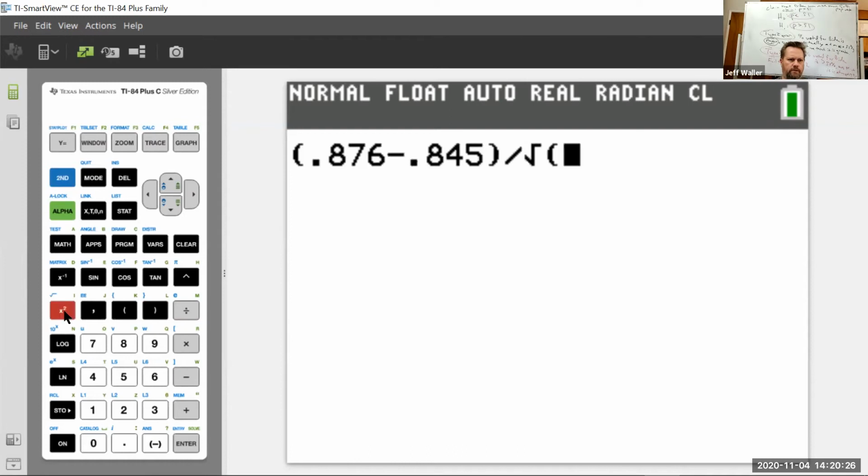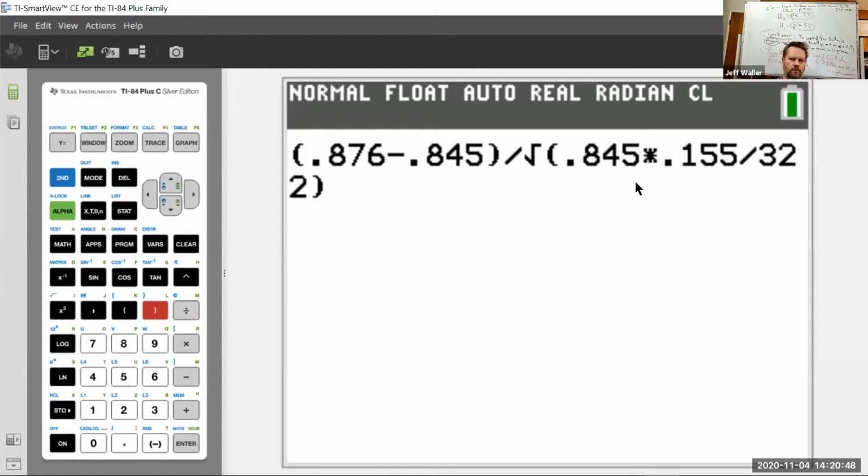If you have this kind of calculator where the square root symbol doesn't grow, you don't want to close those parentheses until you're done getting everything in there, because if you close the parenthesis, you come out of the square root. I want all of this to be in the square root, so all of it has to be in the parentheses.